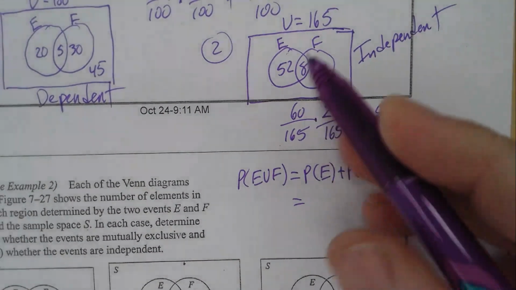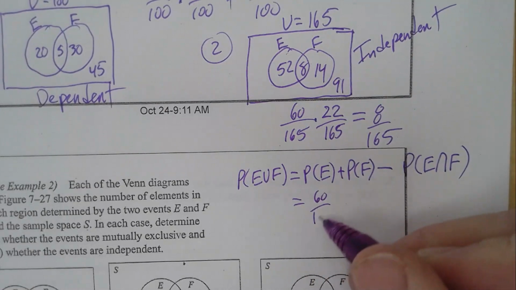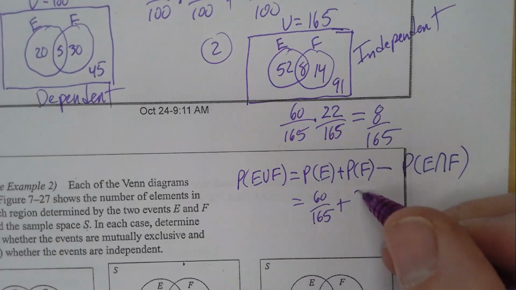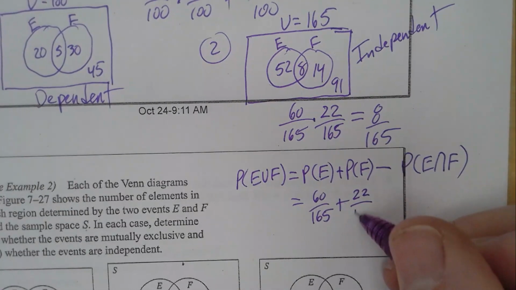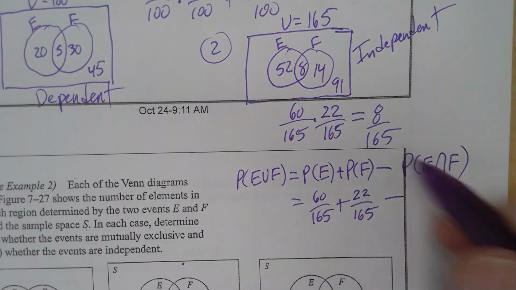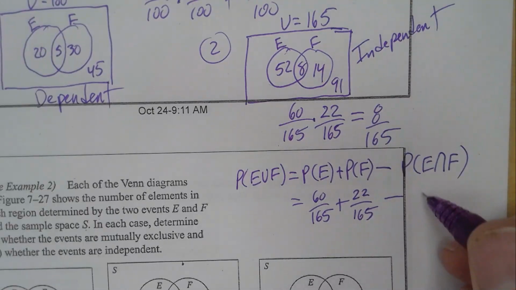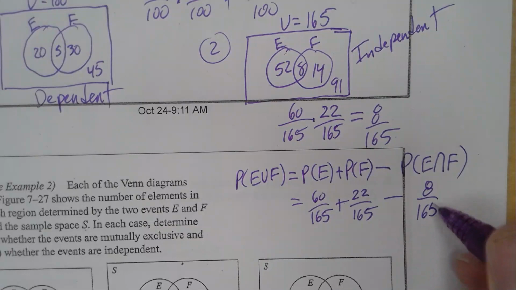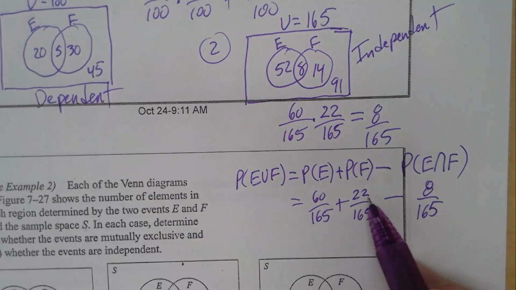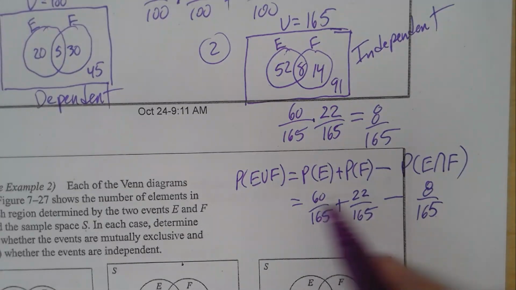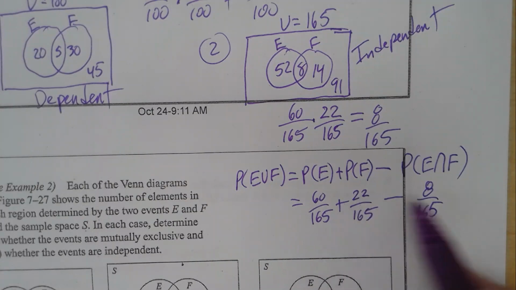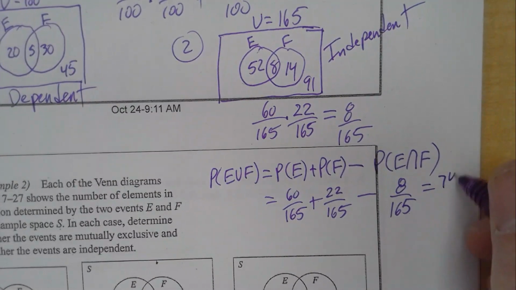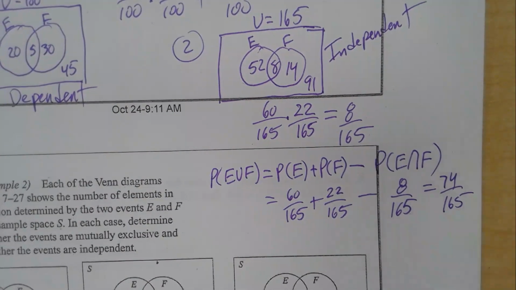Probability of E is 60 things out of 165. Probability of F is 22 things out of 165. The intersection is 8 things, 8 out of 165. So that plus that is 82 minus 8 would be 74. So it'd be 74 out of 165.